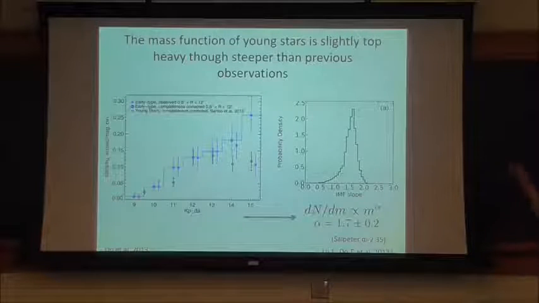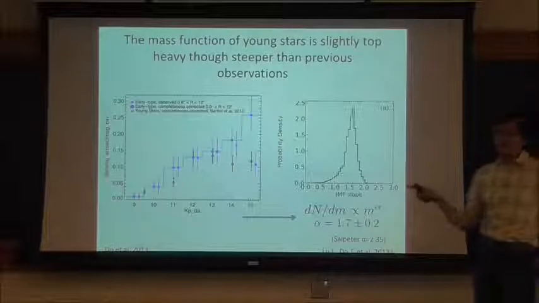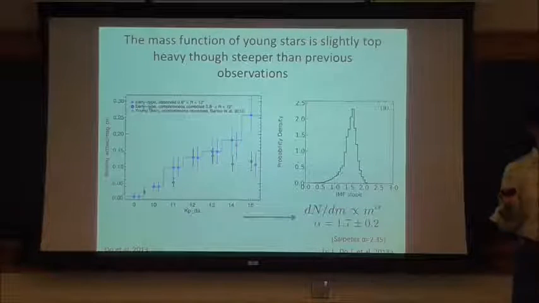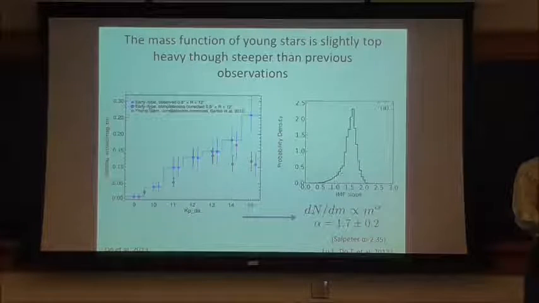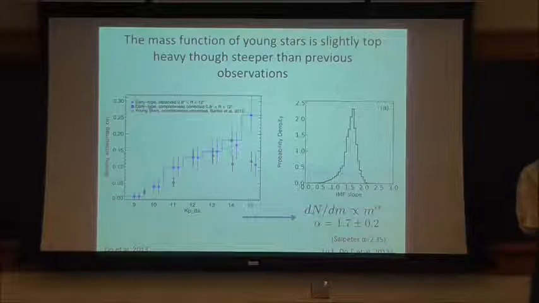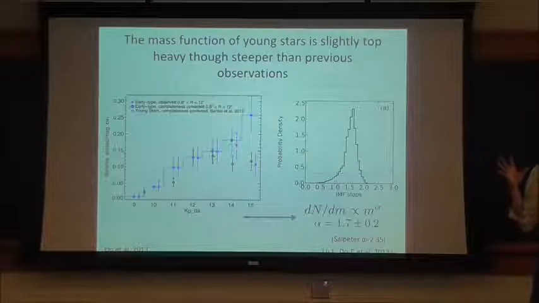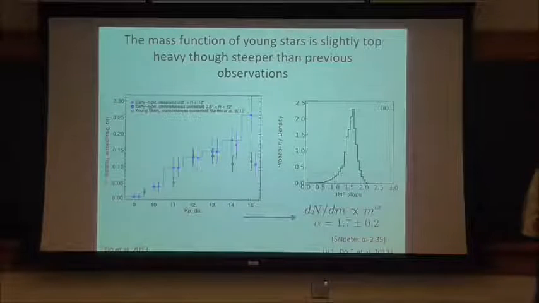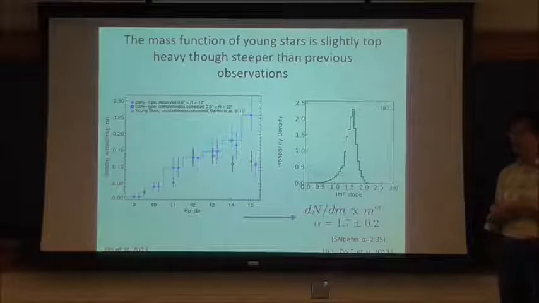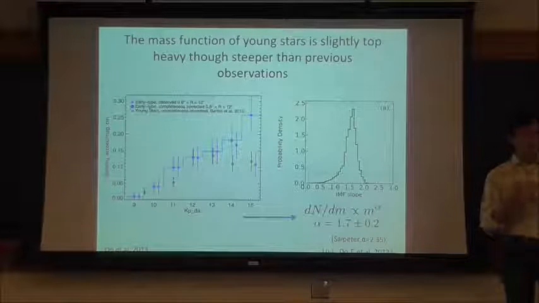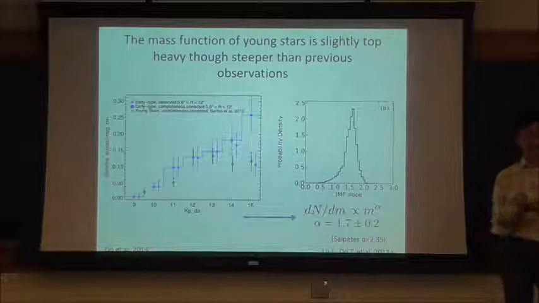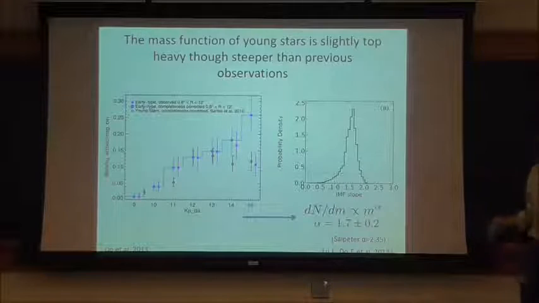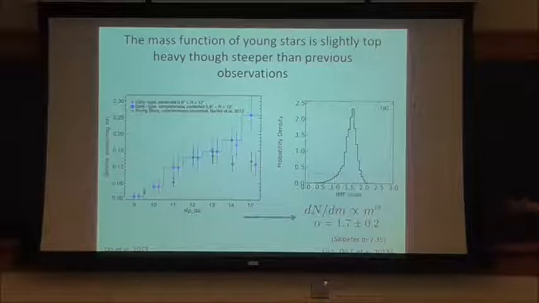So then we can ask, given this luminosity function, how does that translate to slope in the initial mass function? To do that, basically what you would do is generate lots of star clusters from your knowledge of stellar evolution and the stellar atmosphere. You can predict, given an age, what the luminosity function should look like. So this is what this probability distribution is, marginalized over the other parameters except for IMF slope.